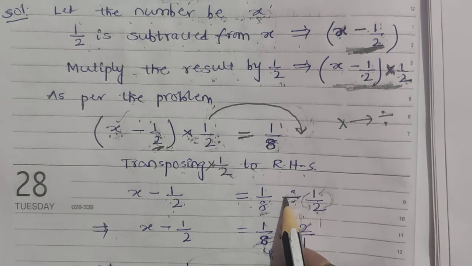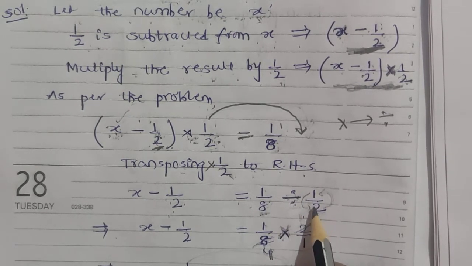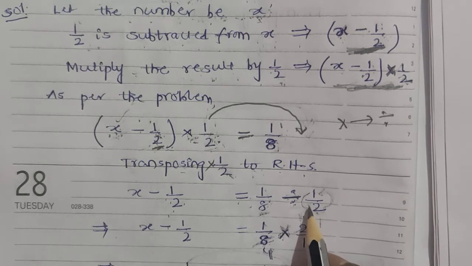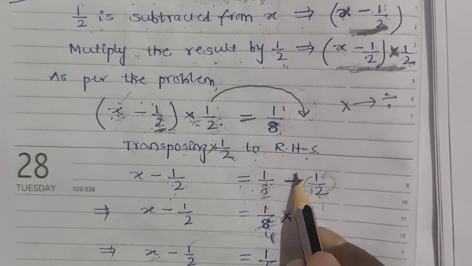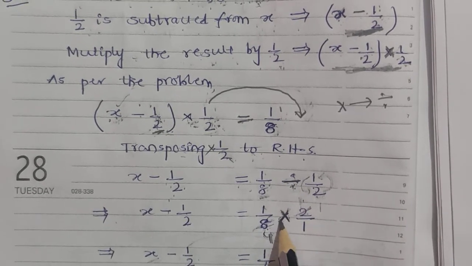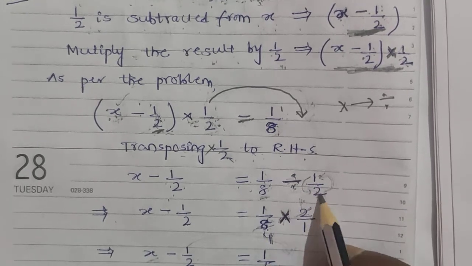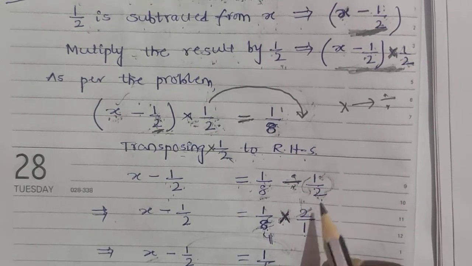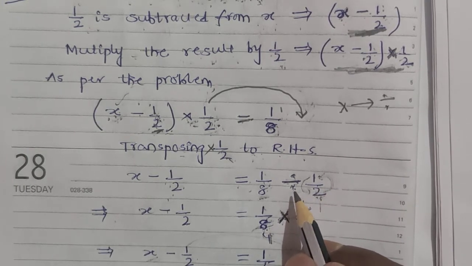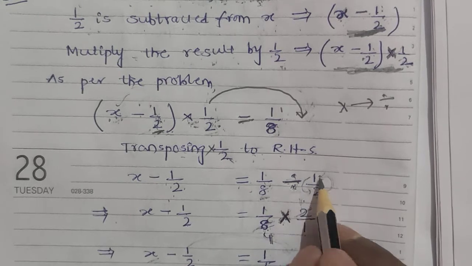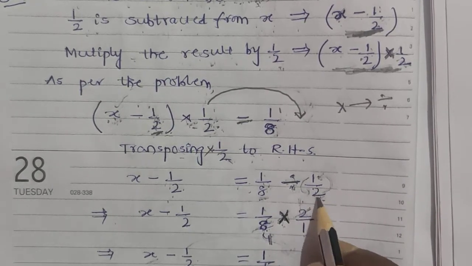But we cannot divide directly with 1/2. It is a somewhat difficult process. That is why, 1/8 stays 1/8, and instead of division we take multiplication, with the opposite of 1/2. If you write it as it is, there will be some problem. We cannot divide with 1/2 directly, so we multiply with its multiplicative inverse.